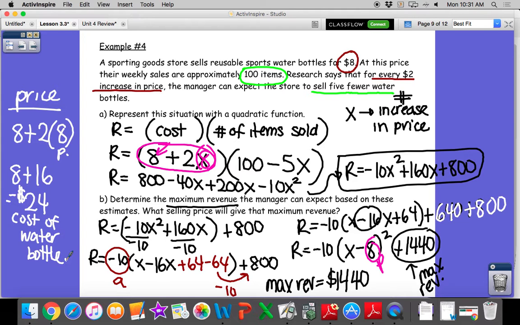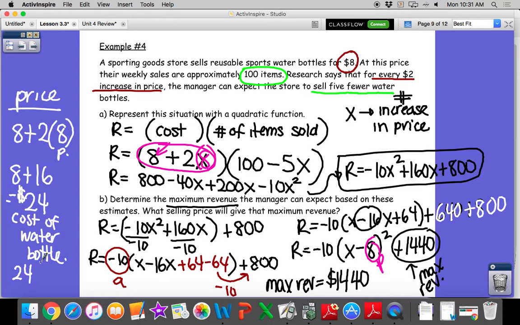So that would make sense, because if we took the cost of our water bottle, $24, and multiplied it by how many we actually sold, we could figure out the revenue. So we would have to take this bracket, 100 minus 5 times 8, to check.